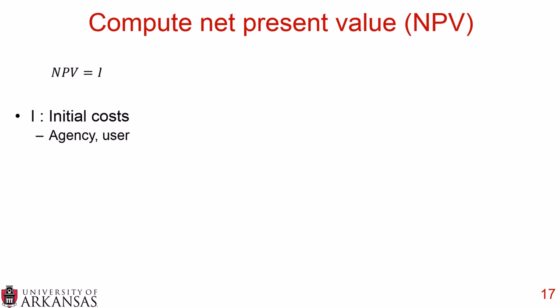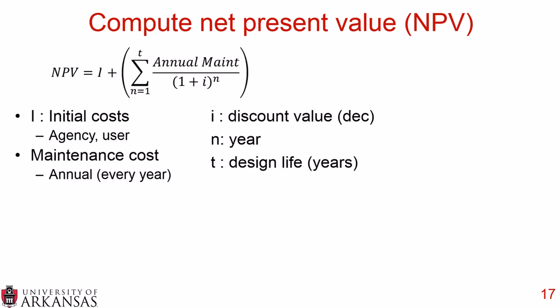Once you have these two different scenarios or more, you can compute the net present value, or the NPV. The net present value starts with your initial costs, and those initial costs are both the agency and the user costs. You then have a maintenance cost, which is annual, which is every year, and this includes the discount value, which is in decimal, the year, and design life, which is the years of your analysis period.